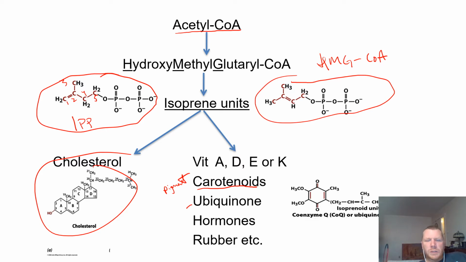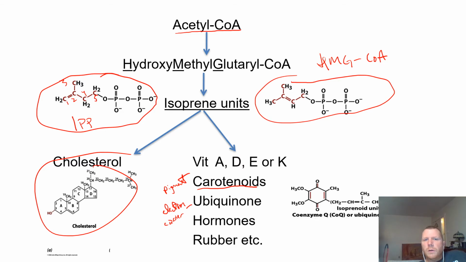Ubiquinone is an example of an electron carrier. And then there are certain hormones that can be synthesized from isoprene units as well. This coenzyme Q, we talked about coenzyme Q in terms of the electron transport chain, has an isoprene unit affixed to it.